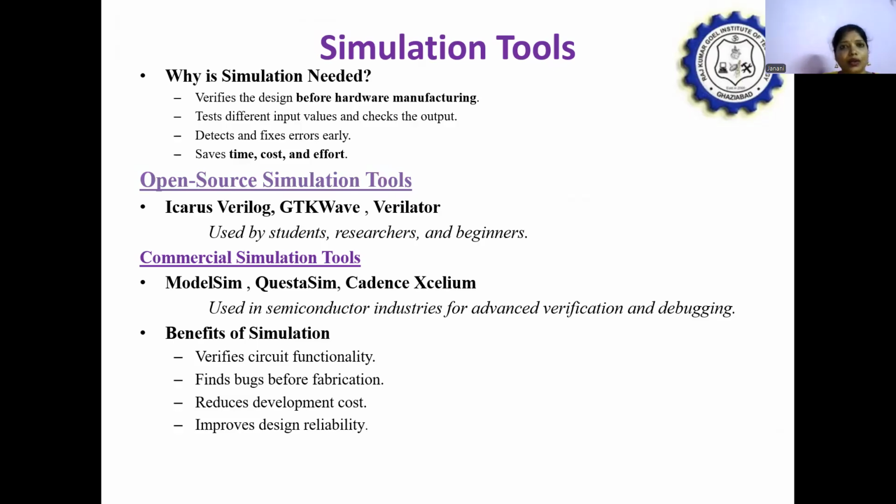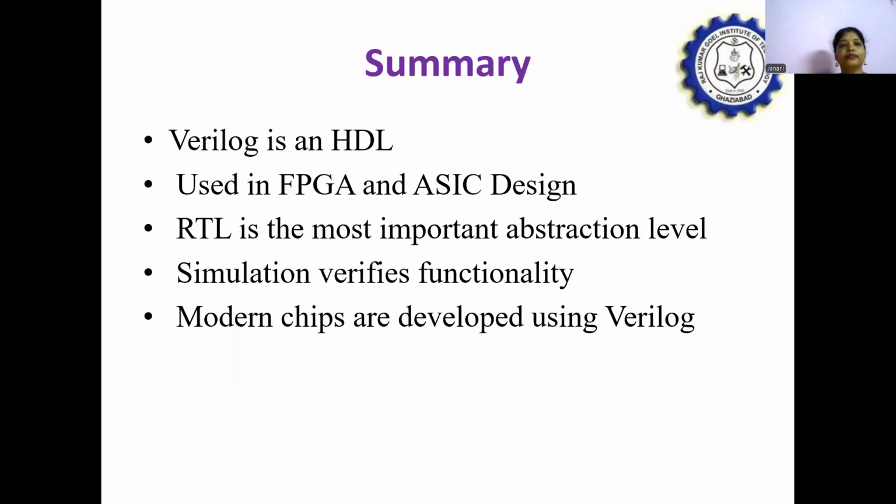The main advantage of a simulation tool is that we can verify the functionality of the circuit. If there is any error, you can find it at an early stage before fabrication. So it reduces the development cost and improves the design readability. These are the advantages of using a simulation tool.